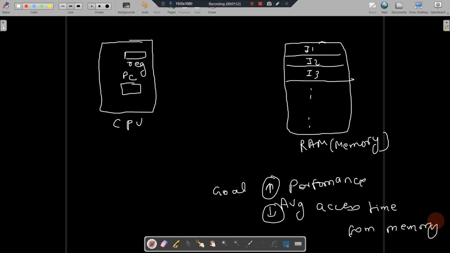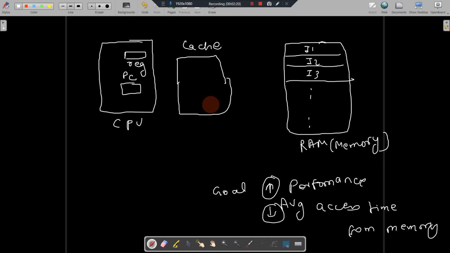For that we introduce a memory hierarchy, and this cache is known as cache memory. This cache memory is on the same CPU chip but outside the CPU, and is faster than the RAM.